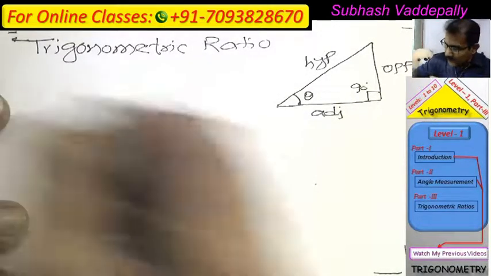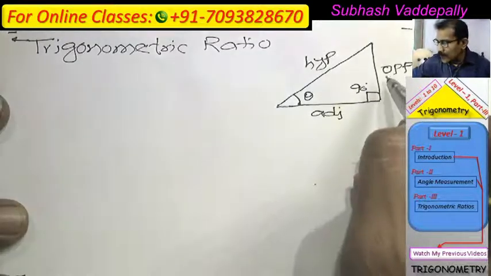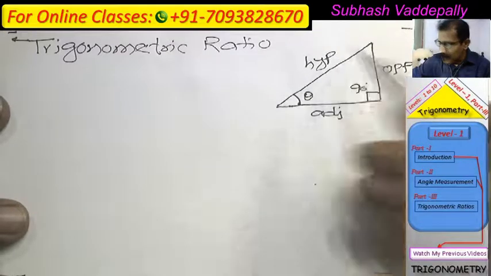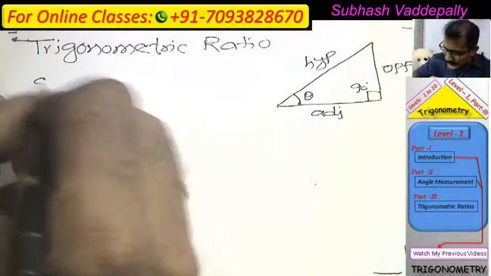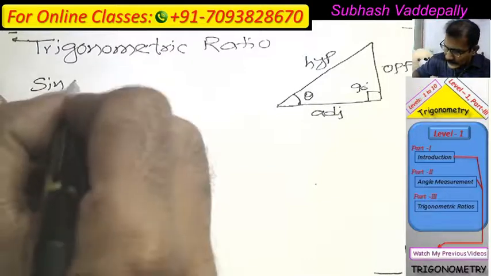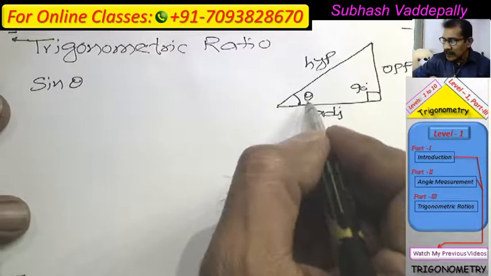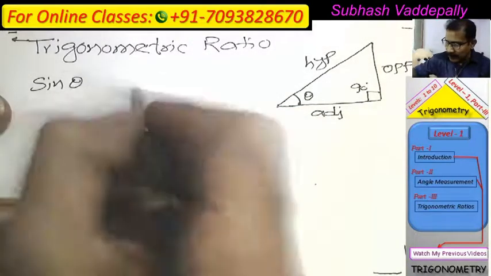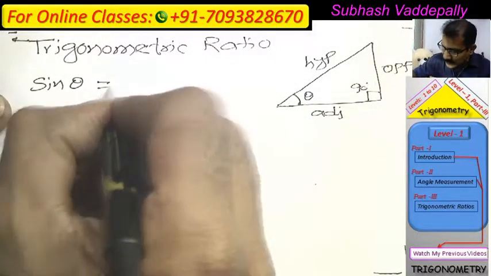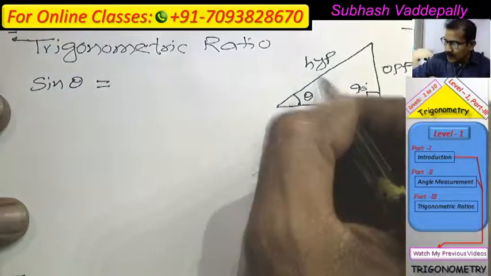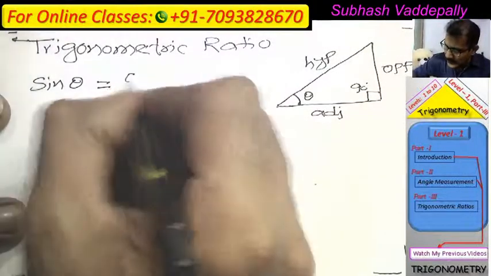So let us start with the first ratio, that is opposite over hypotenuse. That is called sine theta. Theta is the angle whatever you are taking here, meaning with respect to this angle we are writing all the trigonometric ratios. Sine theta is nothing but opposite divided by hypotenuse.